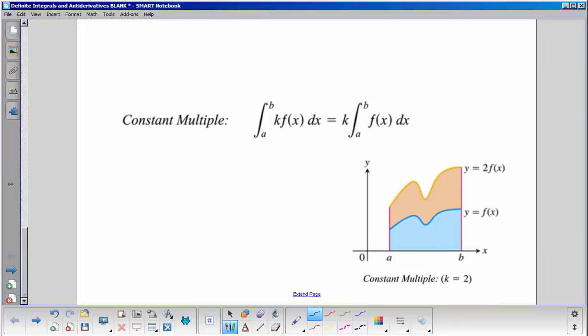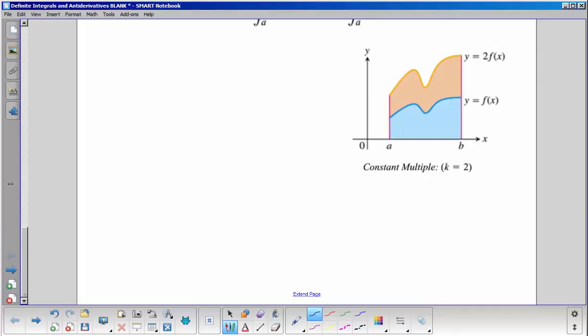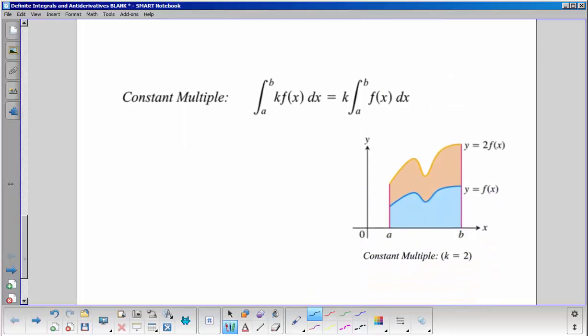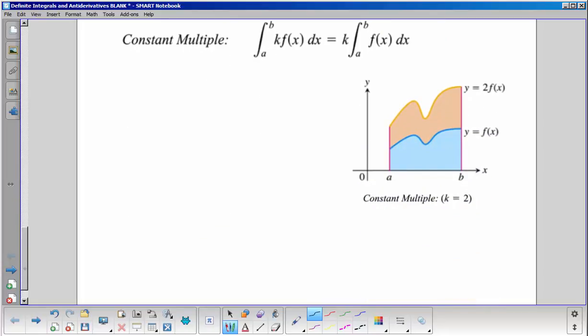All right, what about a constant multiple here? What this property says is if I wanted to find the area under k times my function, which is the orangey looking one, if I wanted to find that area, could I first find the area under the blue function and then multiply it by 2?